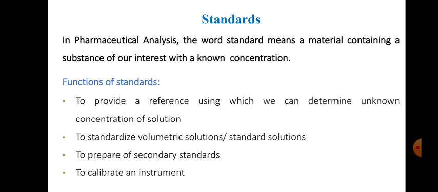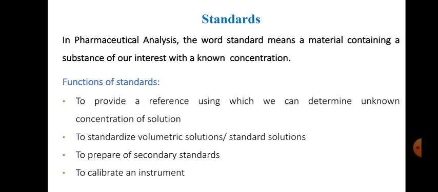Then for preparing the secondary standards, because secondary standards are comparatively less pure than the primary standard, we need the standards. So for preparing secondary standards we need primary standards.